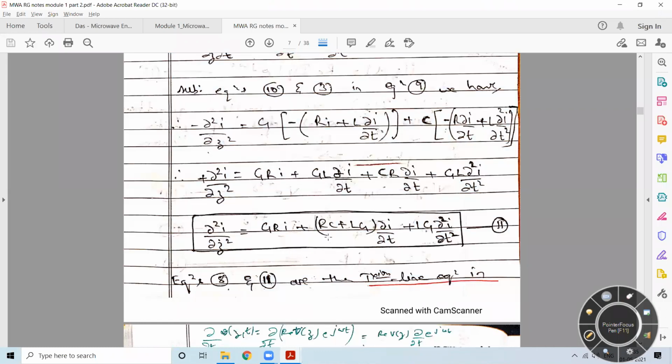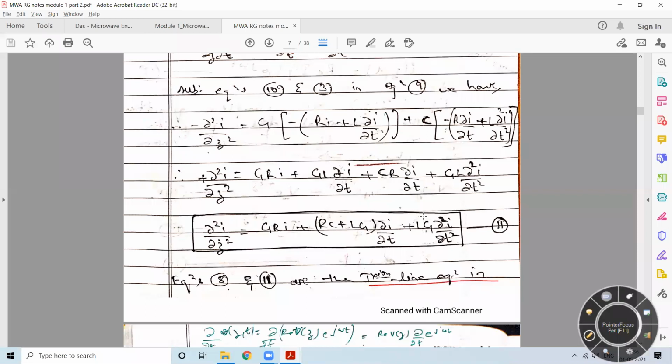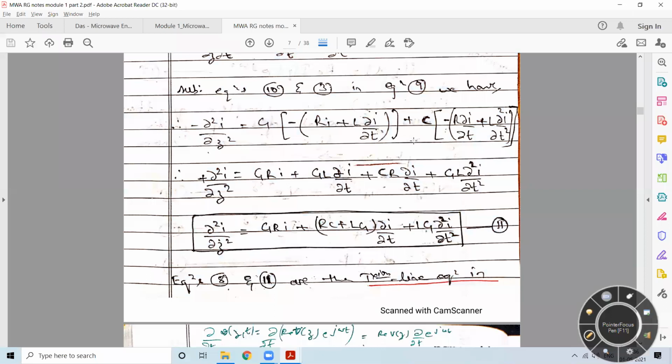This one RC plus LG into dou I by dou T. So here also I have the same parameter RC plus LG, but this one is dou V by dou T. So next one, here I am having C into dou square V by dou T square. That is L into that parameter. Here it is G into dou square I by dou T square. So when you simplify, this is the final equation what you will be obtaining.